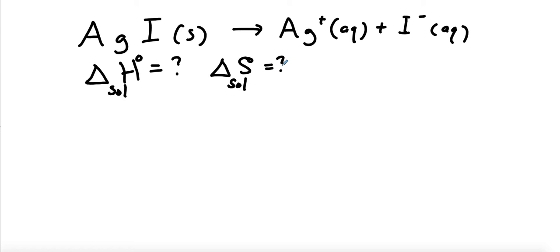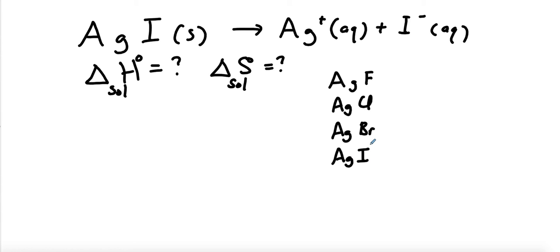When we look at these ions, we know that the ions are going to be free to swim around, but they also are going to form ion dipole interactions with water, and those ion dipole interactions are going to orient the water and decrease the entropy of the water. So we can't predict the sign of delta S.